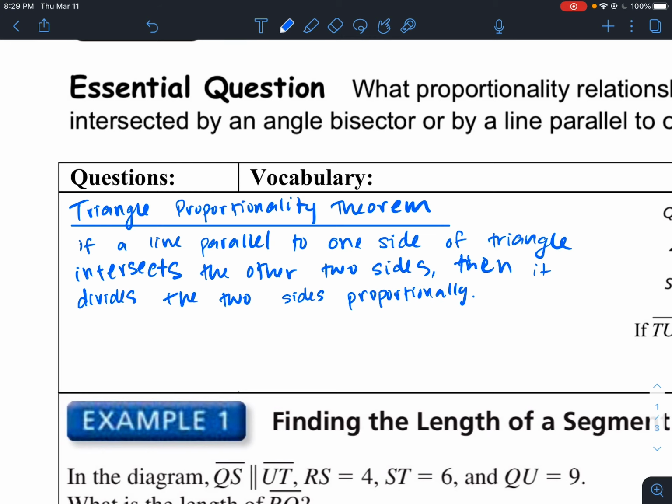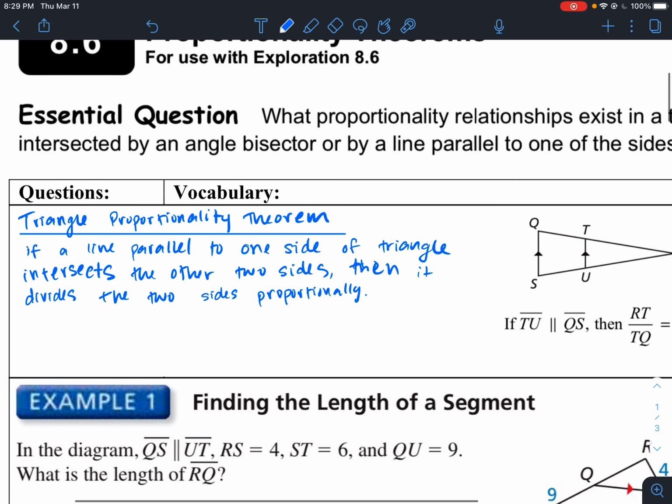Okay, so let's look over what this definition states. If a line parallel to one side of the triangle, so this would be this line right here, intersects the other two sides, you can see that this line TU intersects these other two sides of the triangle, and it's parallel to this side right here.